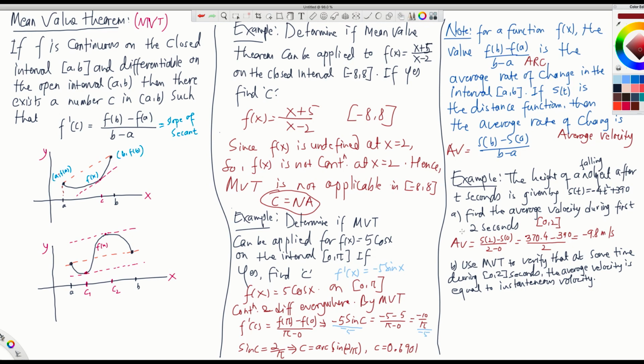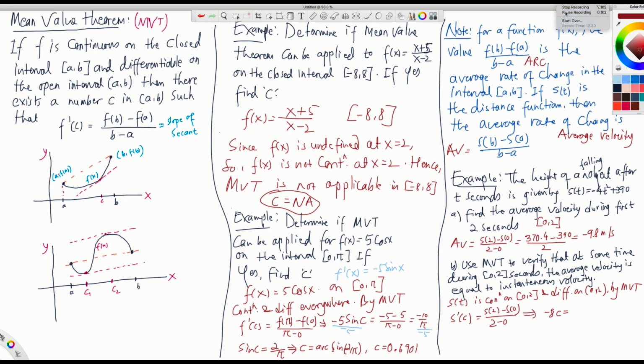Since s(t) is continuous on [0, 2] and differentiable on (0, 2), then by the mean value theorem, there exists a c so that s'(c) equals (s(2) minus s(0)) over (2 minus 0). I'm just using the exact same procedure.